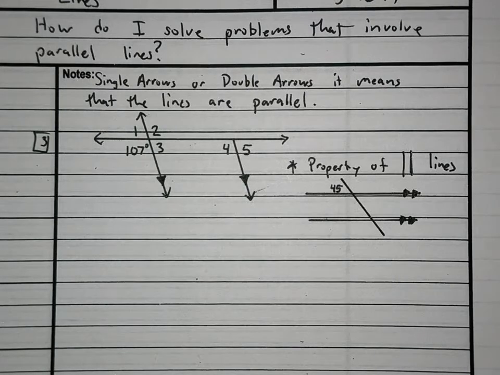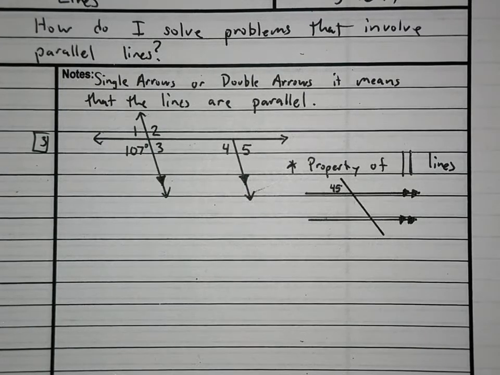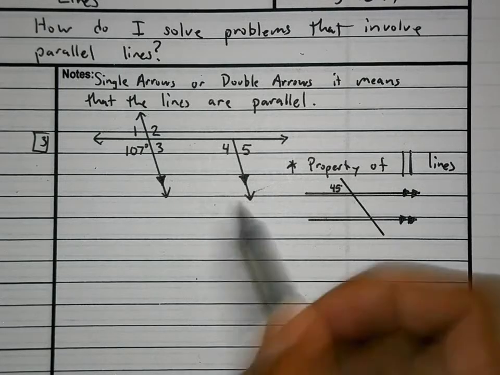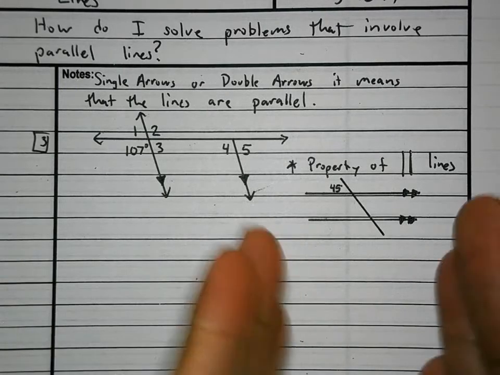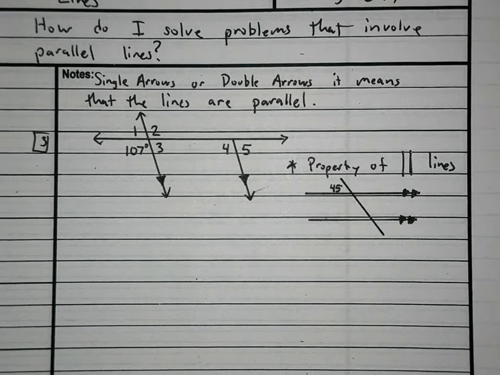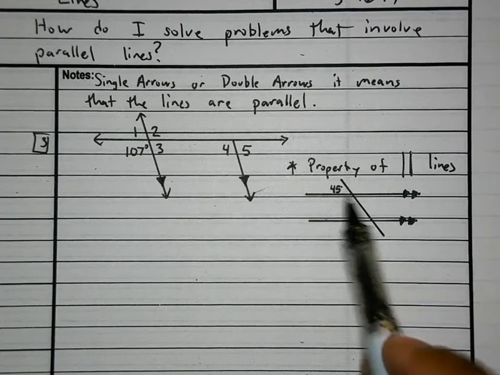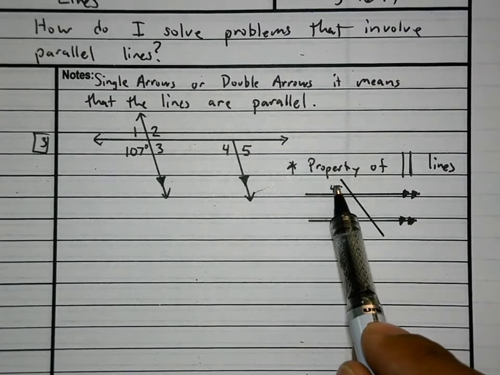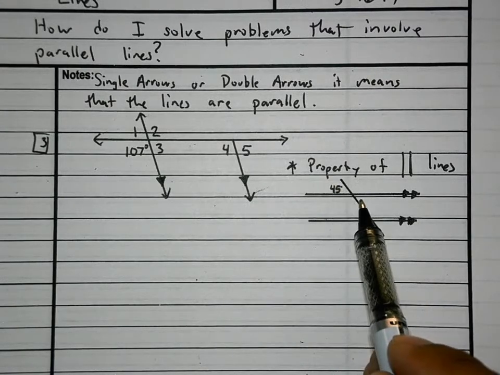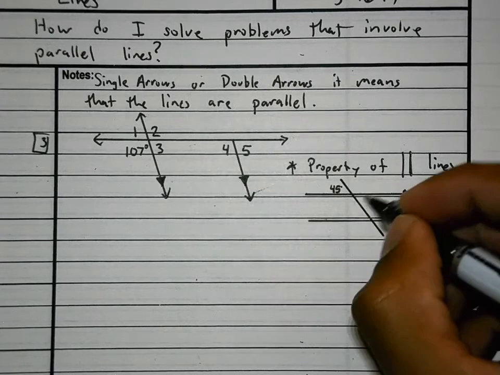A lot of times they will use single and double when there are multiple lines that are parallel to each other. The singles are parallel to each other, the doubles are parallel to each other. When two lines are parallel and you have a transversal, this is 45, the top left, and the vertical angle is also 45.